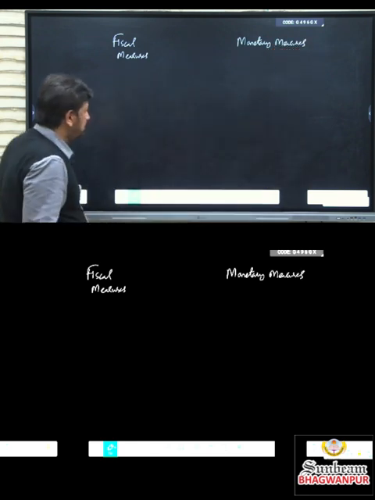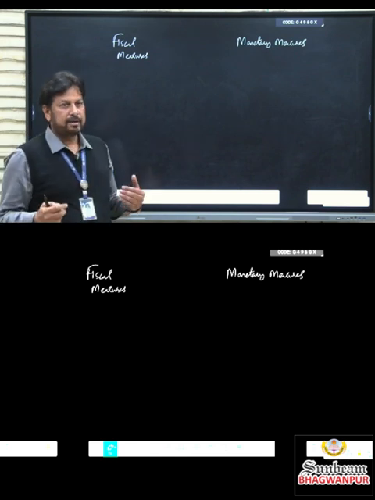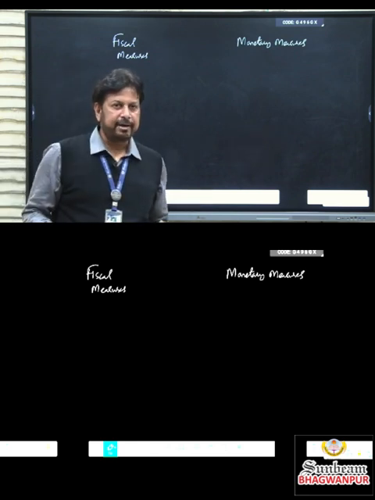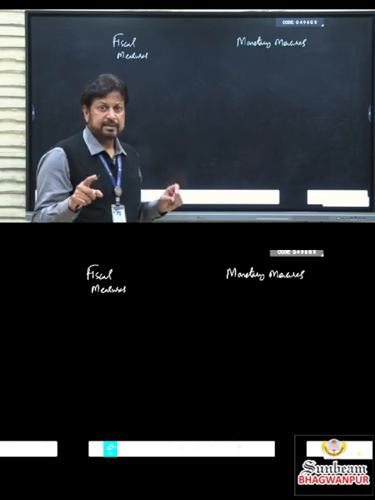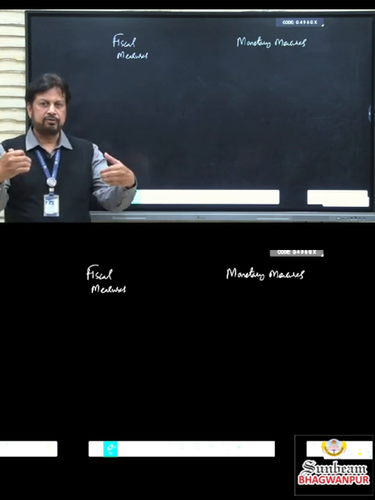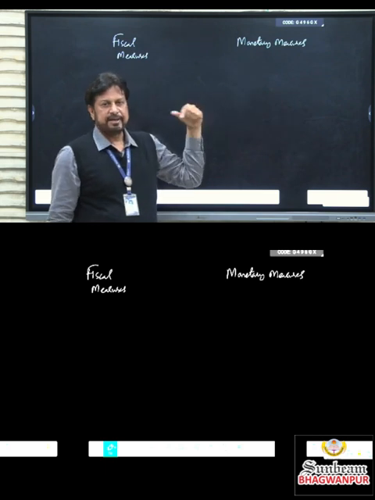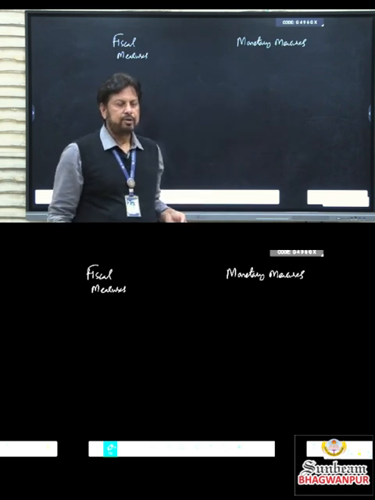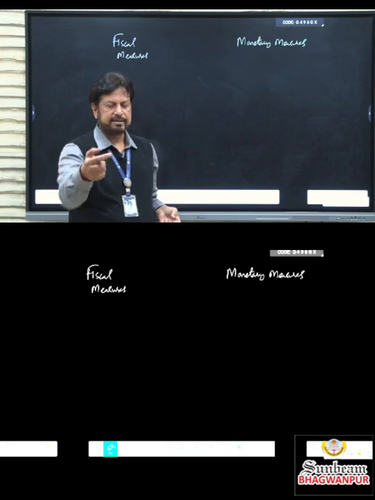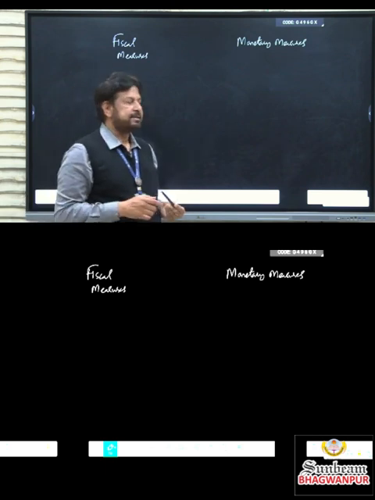Fiscal measures are the measures taken by the government to control money supply. Monetary measures are the measures taken by the RBI or the central bank to control money supply.